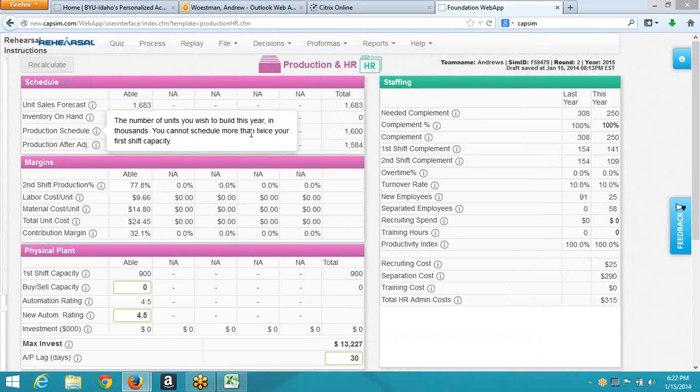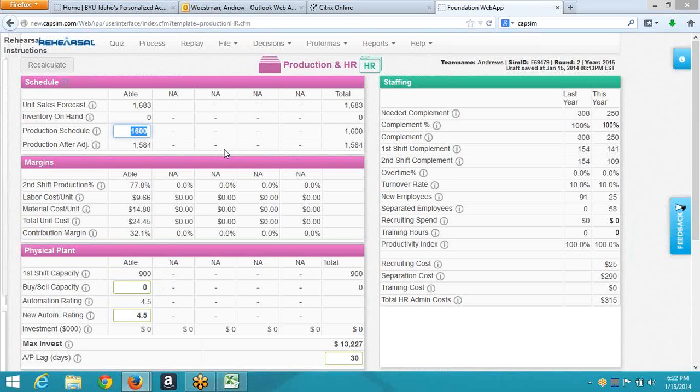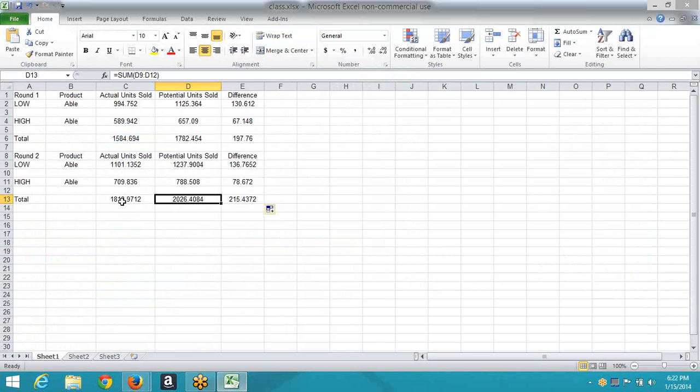So the number of units you wish to build this year in thousands, you cannot schedule more than twice your first shift capacity. So right here is my first shift capacity of 900. So I could potentially sell 1,800 units. Now that's lower than my actual.